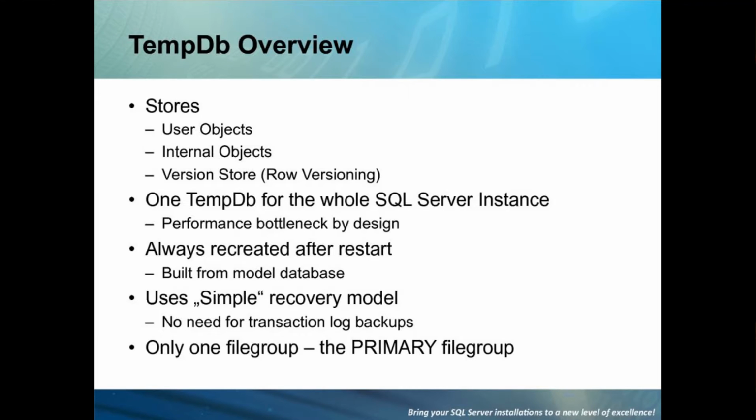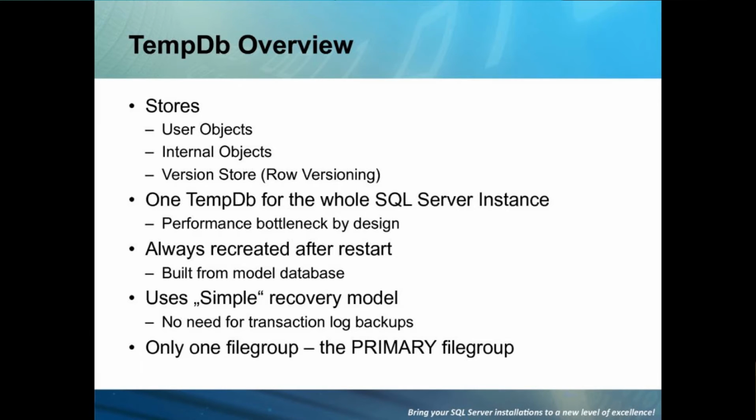As the name implies, TempDb is just a temporary database, means when we are restarting SQL Server, or when SQL Server crashes and we are restarting SQL Server, TempDb is just recreated on startup. SQL Server just makes a copy of the model database, and out of that copy of the model database we are getting our TempDb.